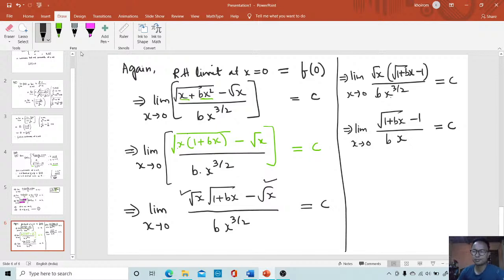There is no issue right now, but there is a problem: as x tends to 0, this value will tend to 0, and this value also will tend to 0.